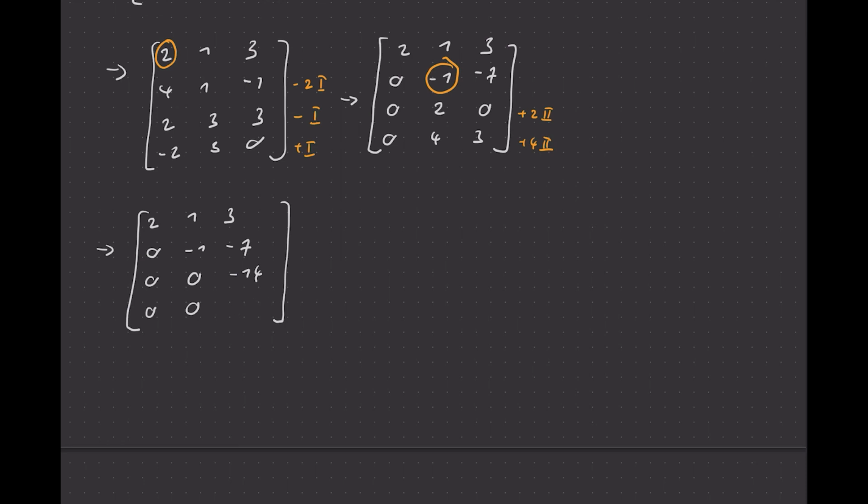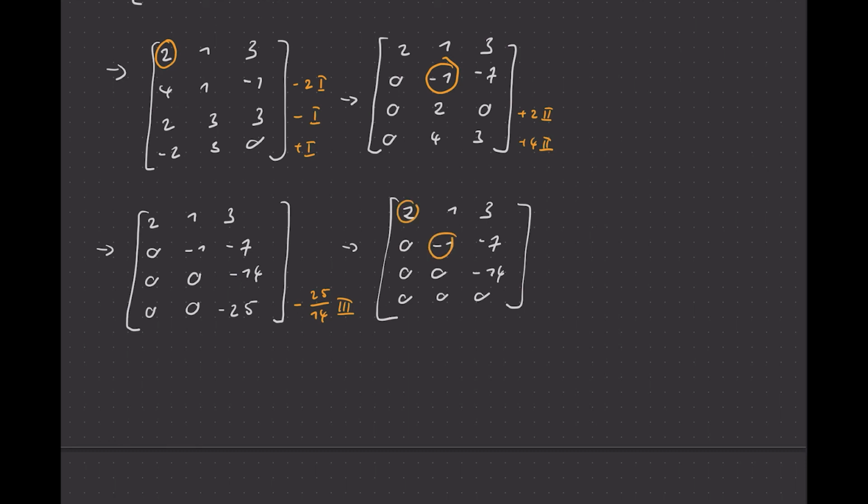I forgot about the 3 here, so it's -25, of course. Well, and finally, let's subtract 25 over 14 of the third row from the fourth. And that will result in a tableau in echelon form.